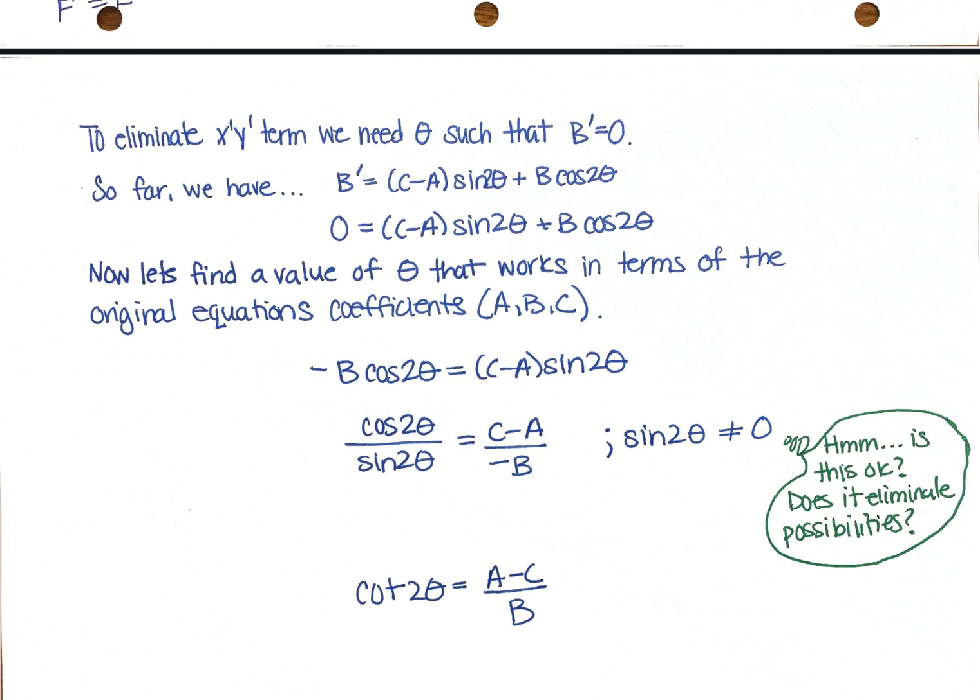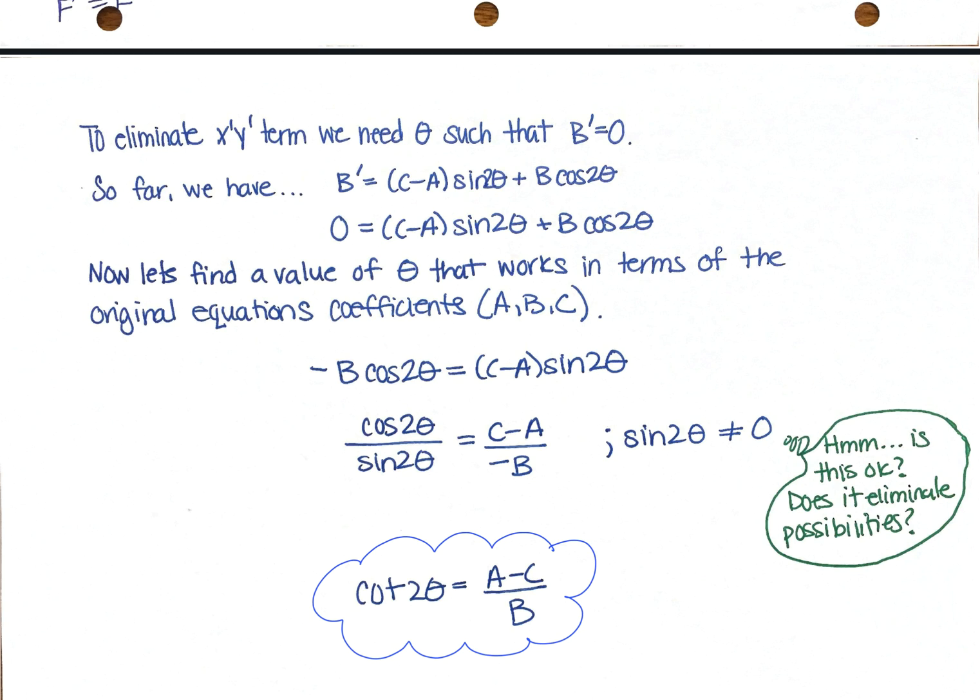Now notice here, I put on the side, as we're doing this, we do want to think about this fact. Our denominator, we're dividing by the sine of 2 theta. So this implies that sine of 2 theta cannot equal 0. Let's think about, is this okay? Do I have to make a note of that and put a second case, a special case, for when the sine of 2 theta equals 0? Think about that for a moment. Think about what angle would satisfy the equation sine of 2 theta equals 0.